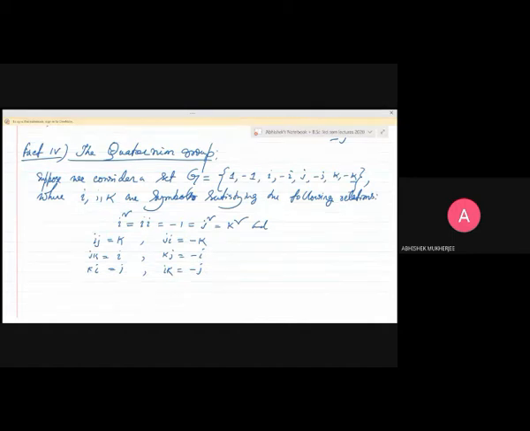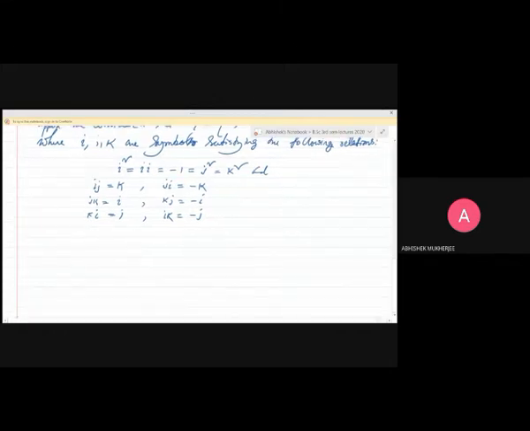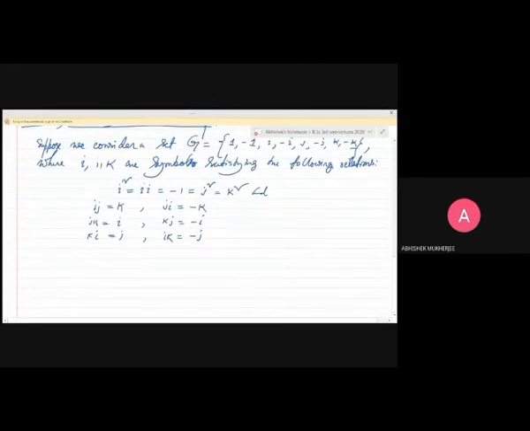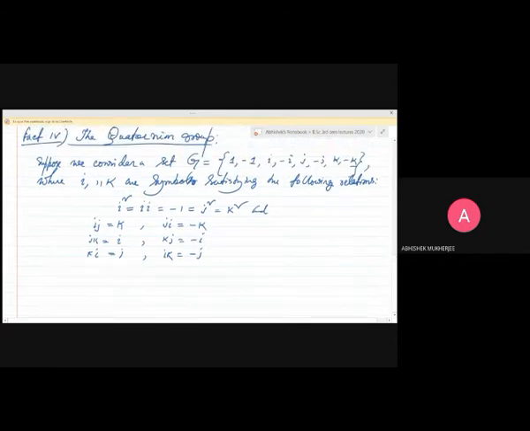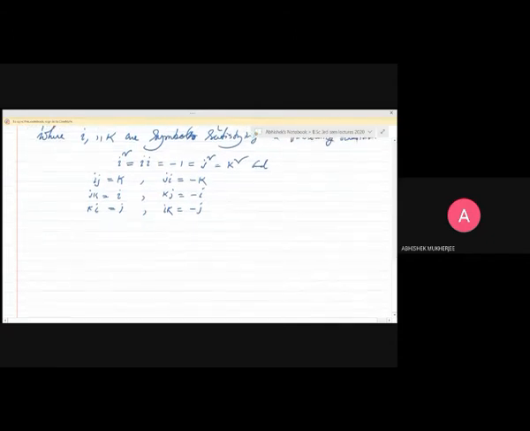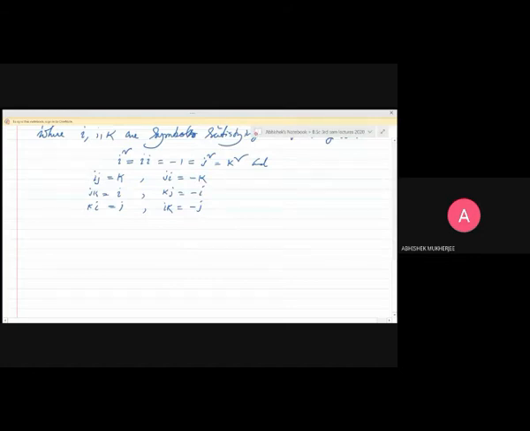So with respect to these relations, we can define a binary operation, that means the multiplication, using these following relations.